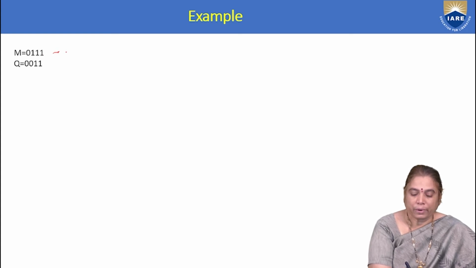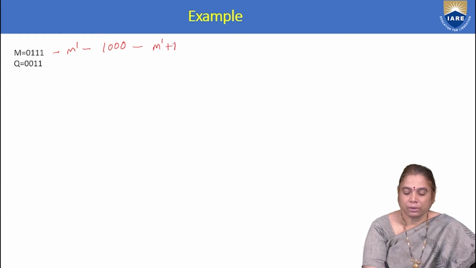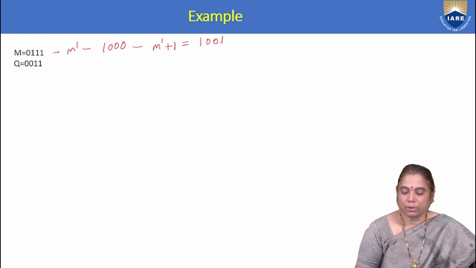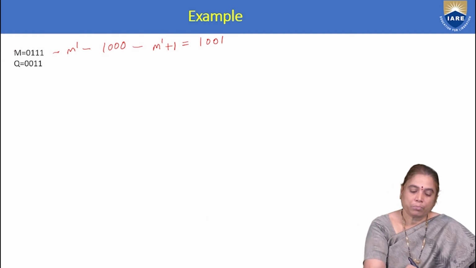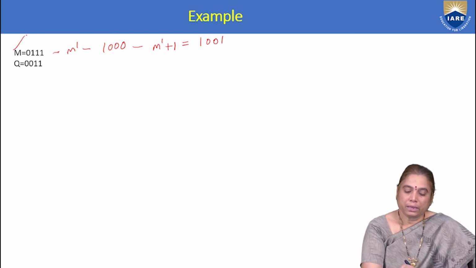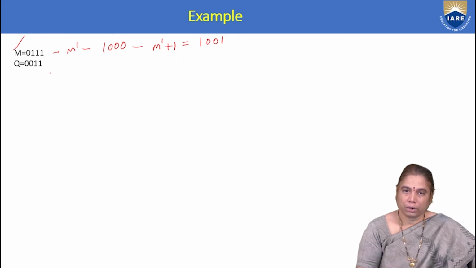The 1's complement of M is 1 0 0, and the 2's complement is the 1's complement plus 1, so we add a 1 to the 1's complement. This is the 2's complement of M, the multiplicand. The multiplier is Q, which is 0 0 1 1.